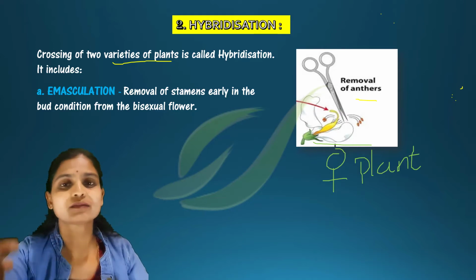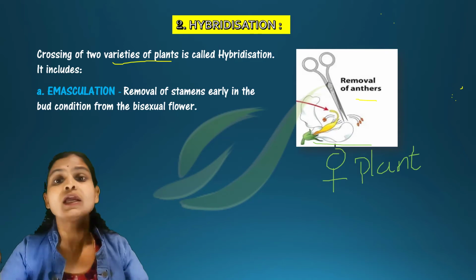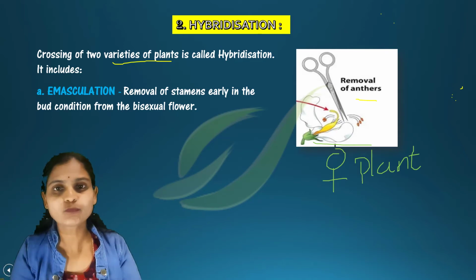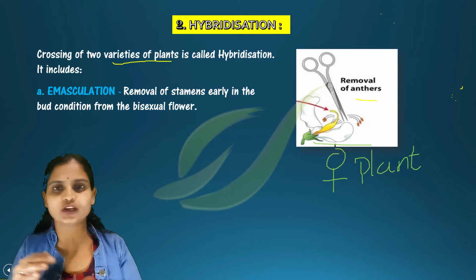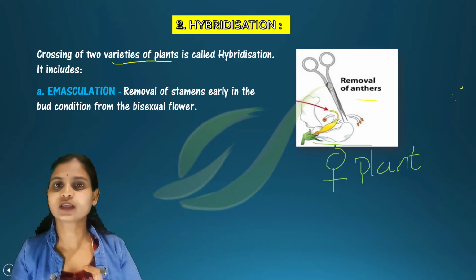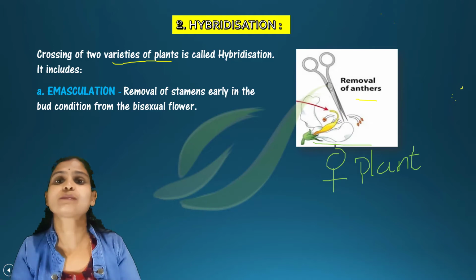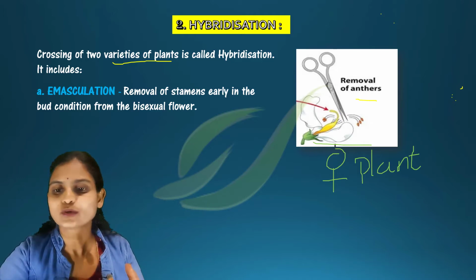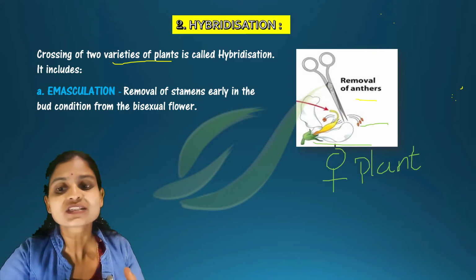If the stamens are present, it may undergo self-pollination. We do not want self-pollination, we want cross-pollination. So before the stamens mature, in the bud condition itself, we remove all the stamens.